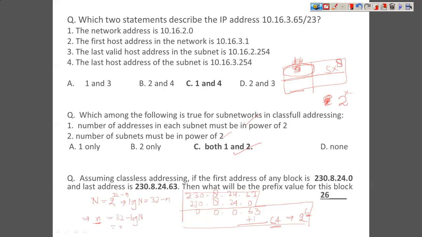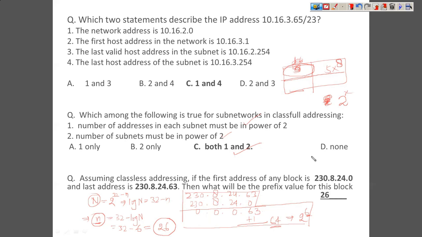So 32, and what is n? n is the number of addresses. How many addresses do we have? We have 64 addresses. So you get 6, and 26 is the value of prefix here.